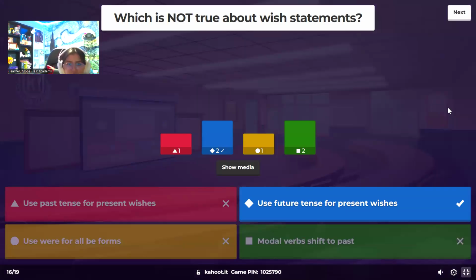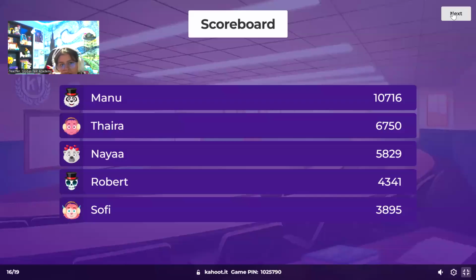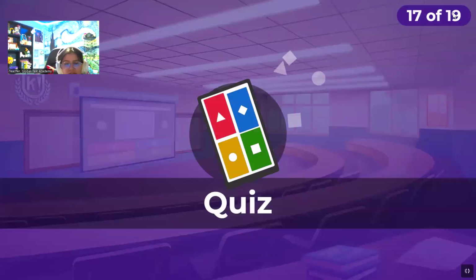So, that one is not true because we don't use the future tense for this. On the other side, regarding the other ones, we use the past tense. We use were for all verb forms, and the modal verbs switch to the past, like could and would, right? So that one was the wrong one.